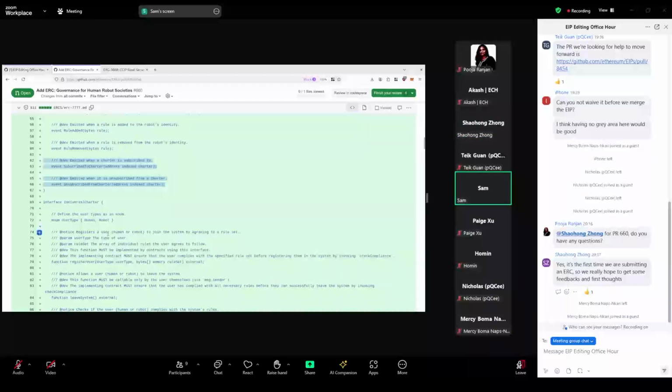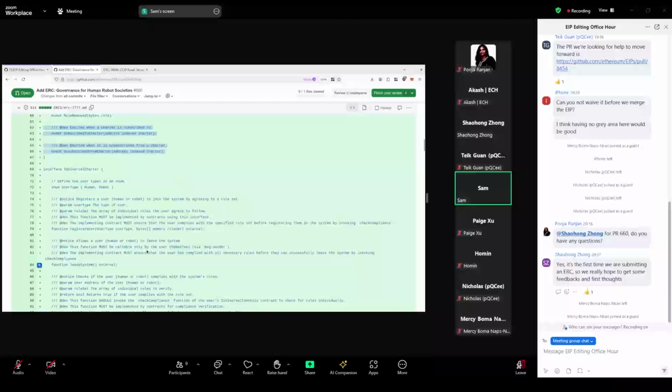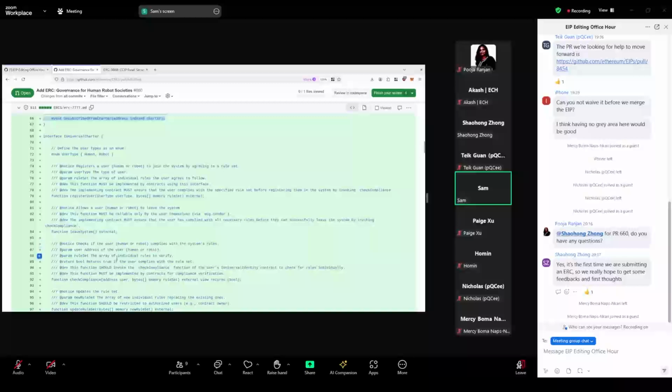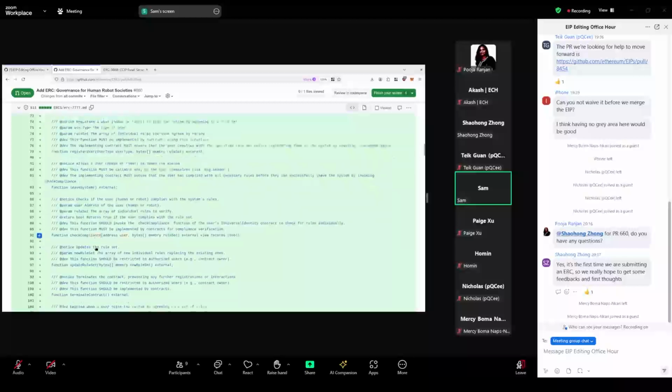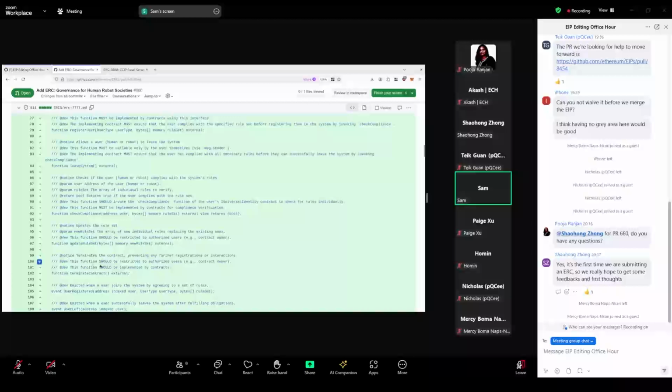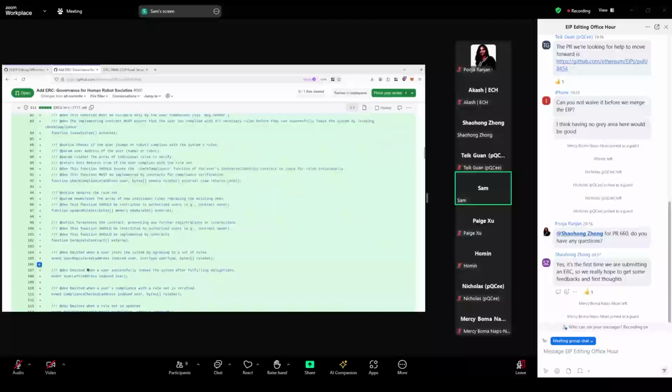User types, okay, versus human mutual rule set. To ensure that, okay. So human, delete the system. Okay, checks if system's rules. Okay. Do rule set, terminate contract.